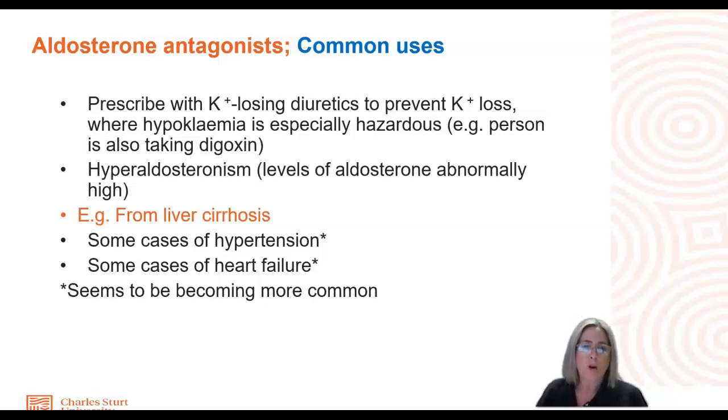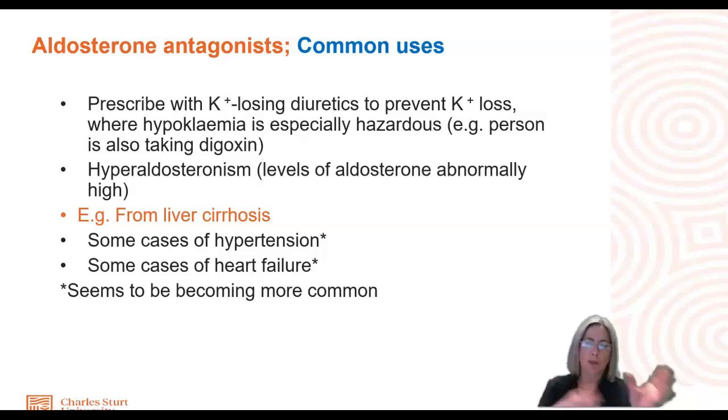Also used for hyperaldosteronism, where the levels of aldosterone are abnormally high. And in that case, you would have excessive reabsorption of sodium from the filtrate to cause things like hypernatremia and also increased blood pressure.